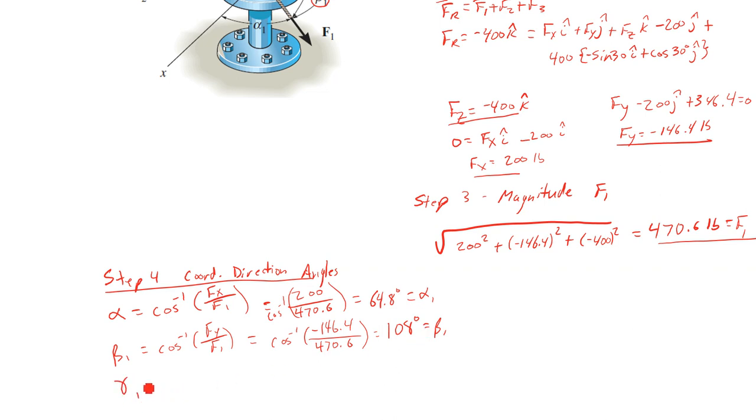Finally, gamma 1, inverse cosine of our z component over our magnitude. We get our negative 400 over 470.6. Inverse cosine there is 148 degrees equals our gamma 1.